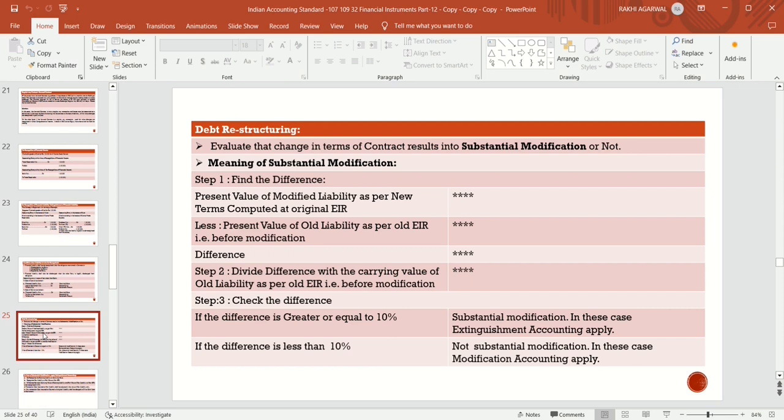Step 2, divide the difference by the carrying value of old liability as per old EIR, that is before modification.